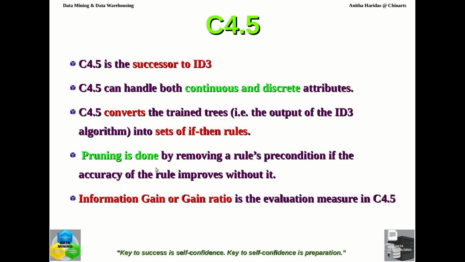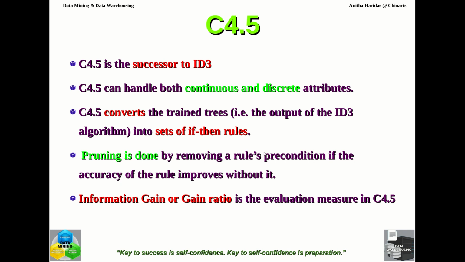And here pruning is done, whereas in ID3 there is no pruning, but here pruning is done by removing a rule's precondition if the accuracy of the rule improves without it. Okay. So what it will do, it will remove the precondition of the rule, right?